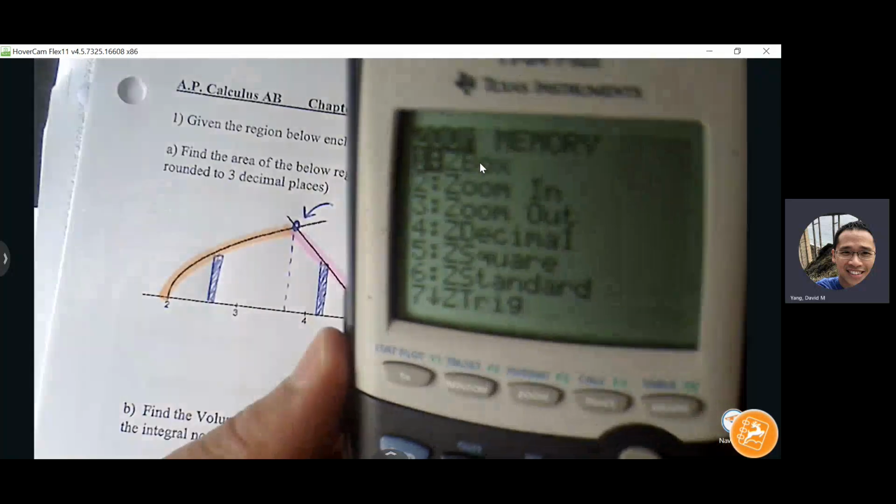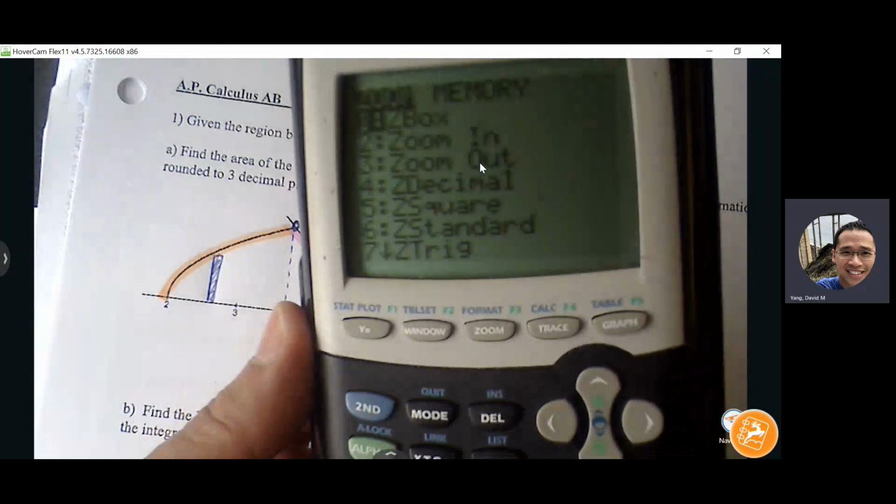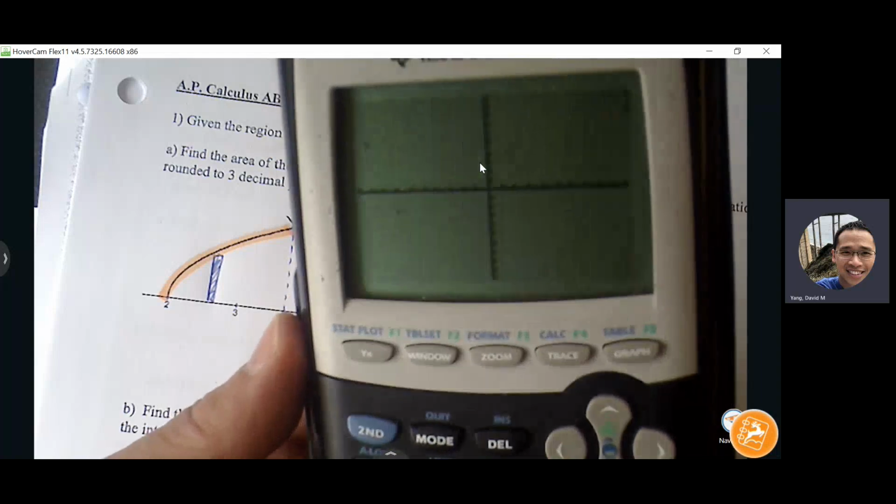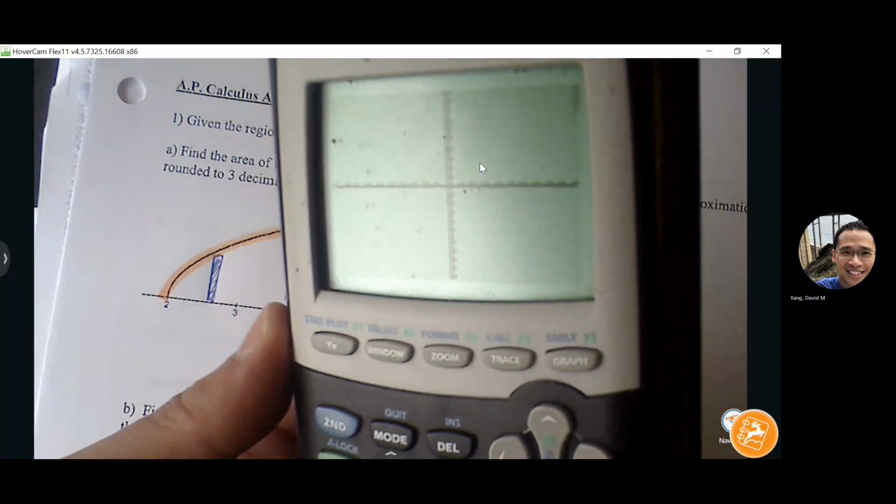I like to do Zoom 6 just so I can get a standard window, and then I can decide how I want to zoom in if I need to.